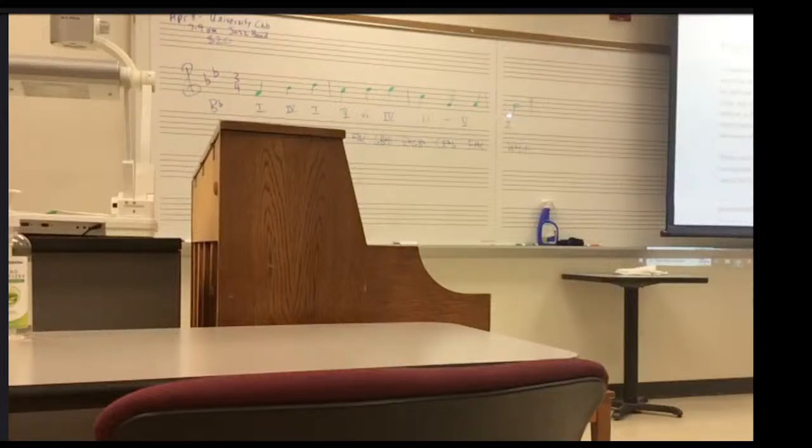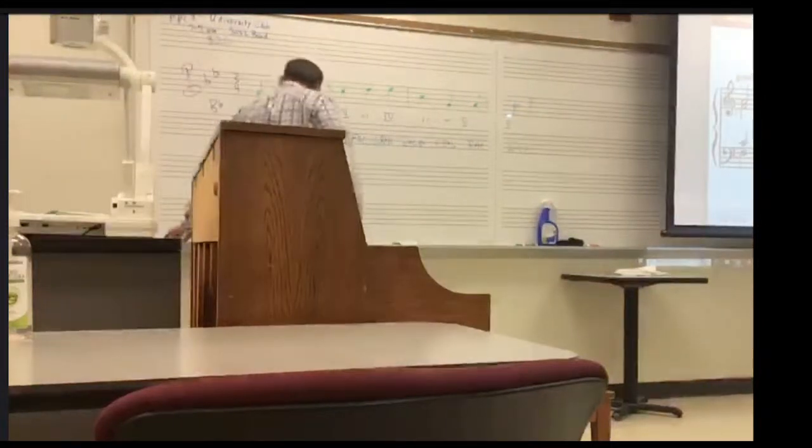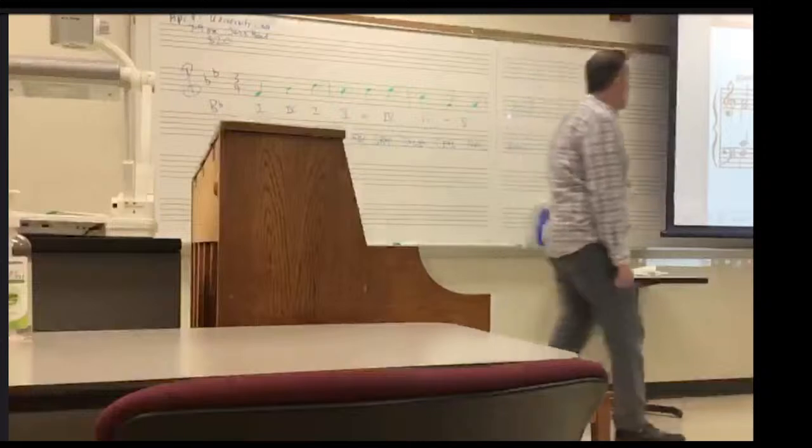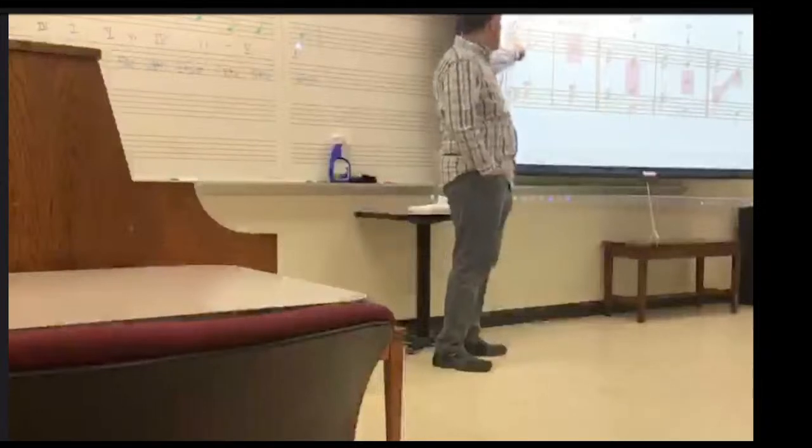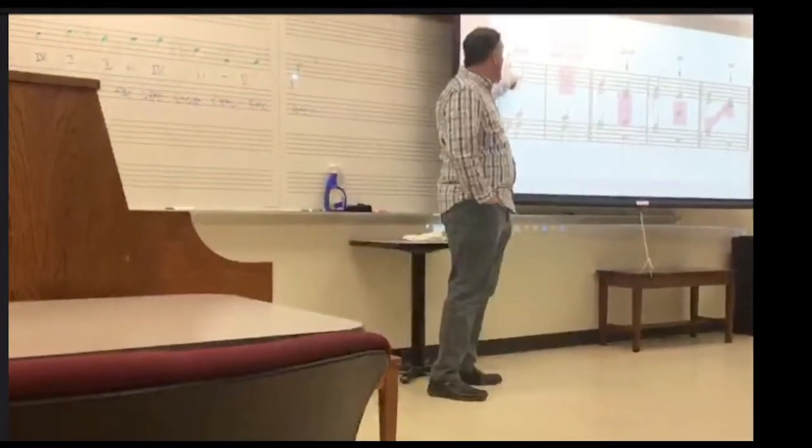Okay, notating chords. We've already talked about this a little bit. The type of music that we're going to see is going to be more of a reduced score. So again, we're going to have our soprano with the stems going up and our alto with the stems going down in treble clef.